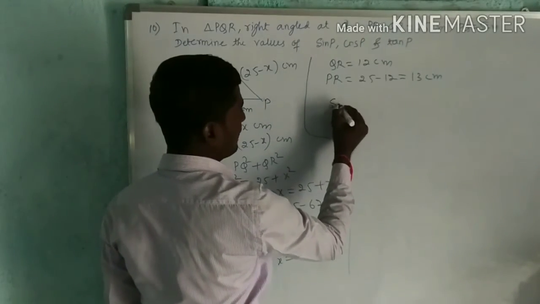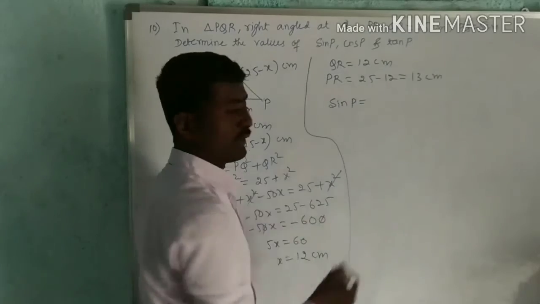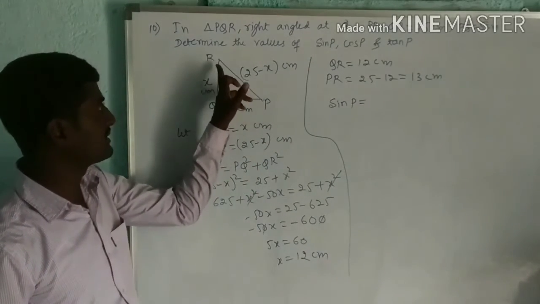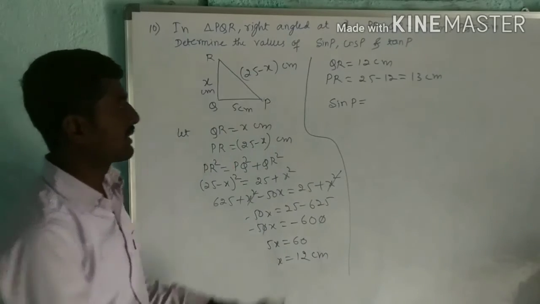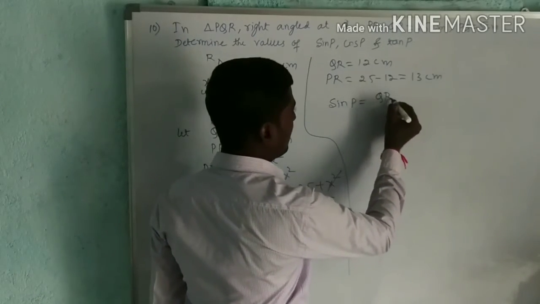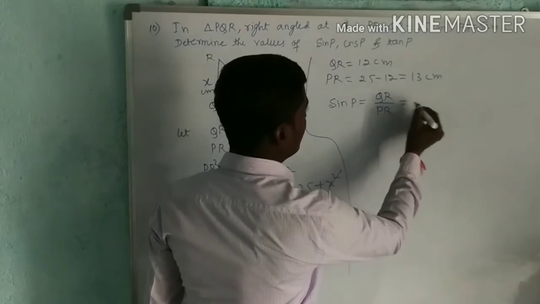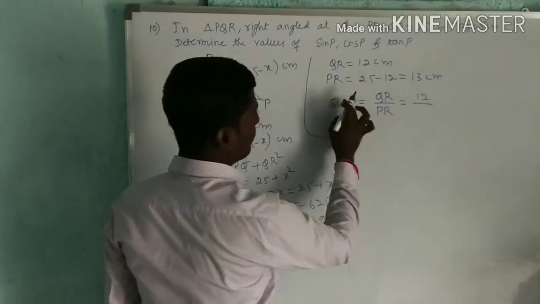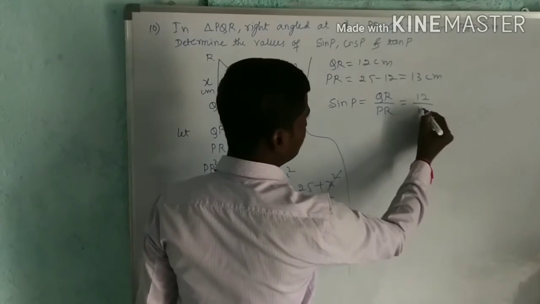Now first one sin P. So for the angle P, sin is nothing but opposite by hypotenuse. That is QR by PR. QR divided by PR. Now QR value is 12 divided by PR value is 13.